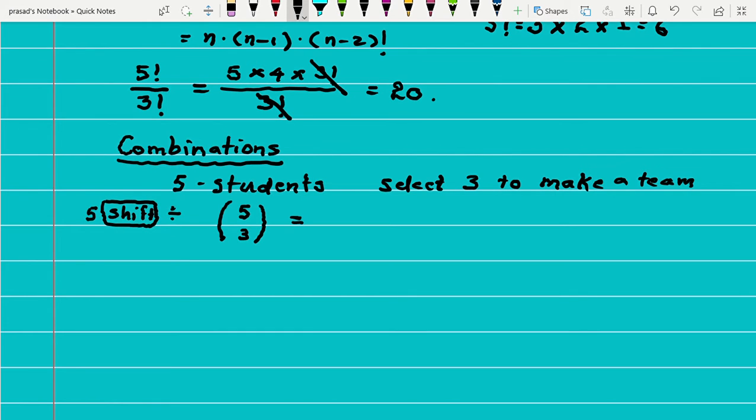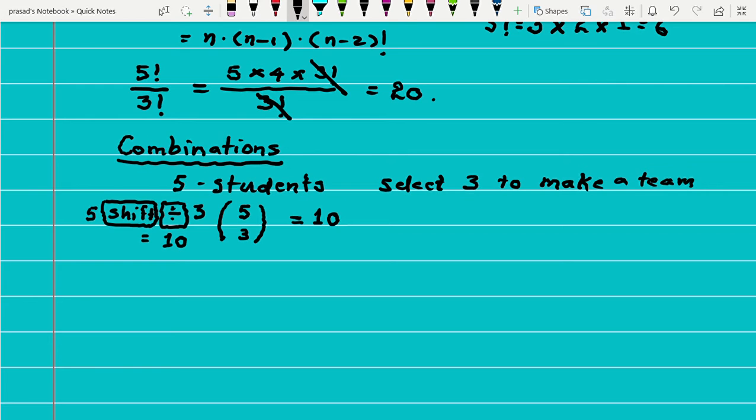After shift, press division sign, and then press 3, and then equal to sign. So in this case, you will get 5C3 as 10. So that is the meaning of the combinations.